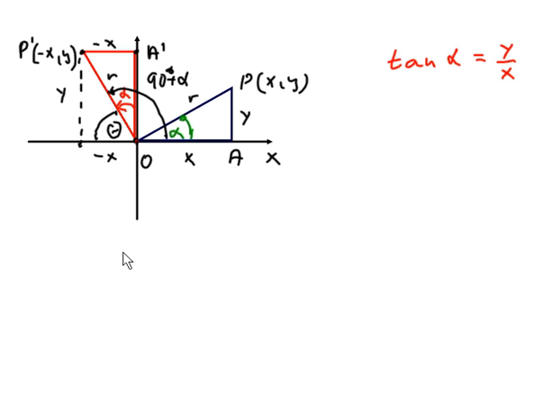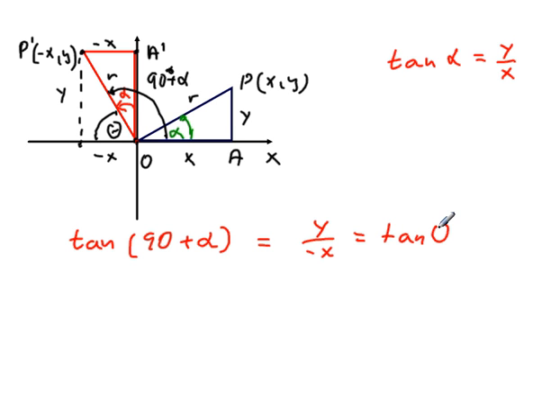Now the tangent ratio for the angle 90 plus alpha. By analogy, this is an angle that is greater than 90, so tangent 90 plus alpha would be represented by the ratio y over negative x, because of the related triangle with angle theta.